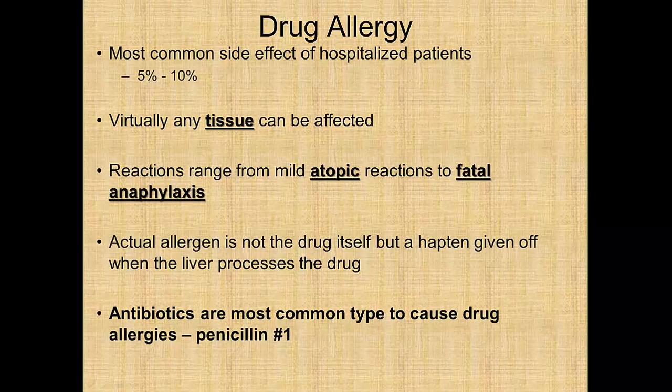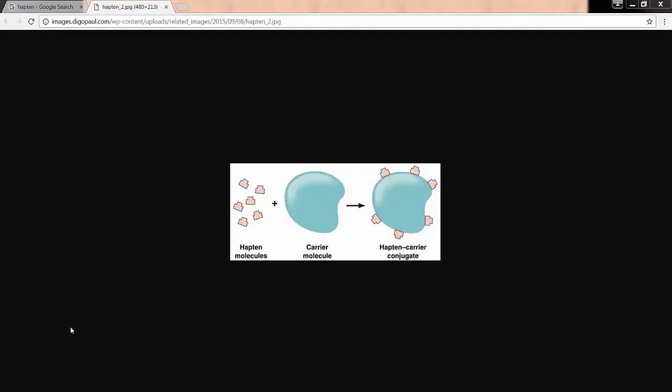And this is what's referred to as a hapten. Let me show you an image here. This is what a hapten would look like. So the hapten is really the antigen, so to speak. But in this example, the antigen is so small that it's not big enough to bind to an antibody. If you recall from chapter 15, there's a certain minimal size that an antigen has to be before it's actually able to trigger a reaction by an antibody.